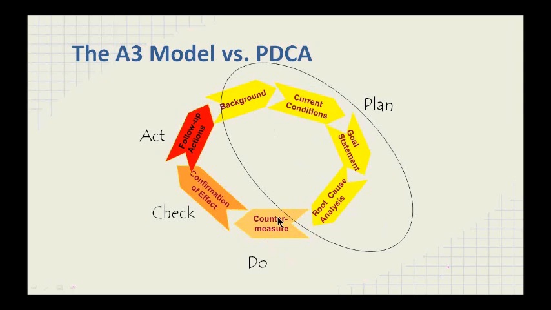Once the countermeasures are implemented, then we let the system mature, maybe get stable, and then we confirm our effects. The confirmation comes through, again, data analysis, like we did in the current condition. So basically, we collect data here to see that the problem has been taken care of, and we compare it to our goal statement.